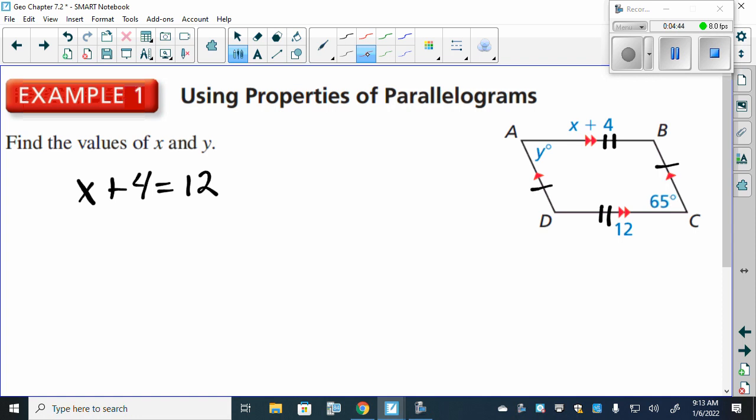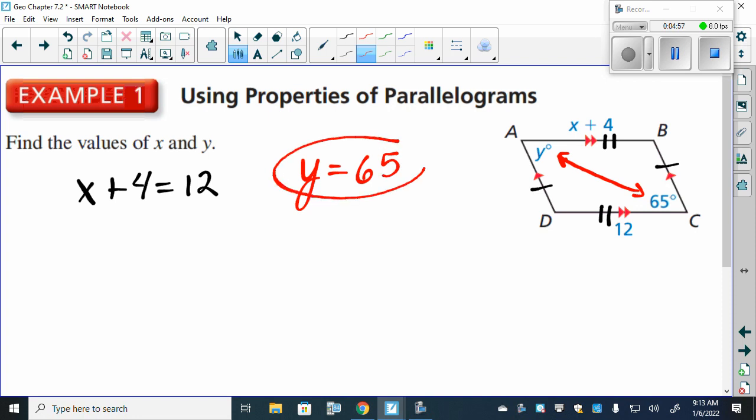What can we say about the angles? 65 and y are going to be congruent. So y is equal to 65. And we would also have that the other two angles are congruent to each other, but we don't want to know anything about those. So we found the measure of y.